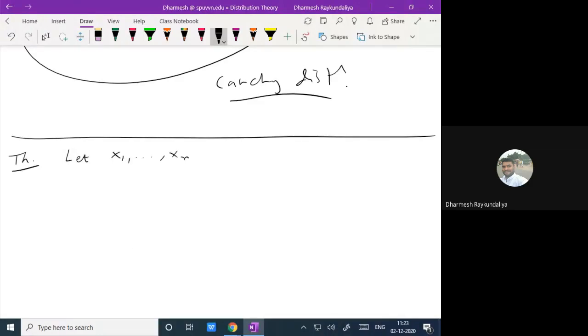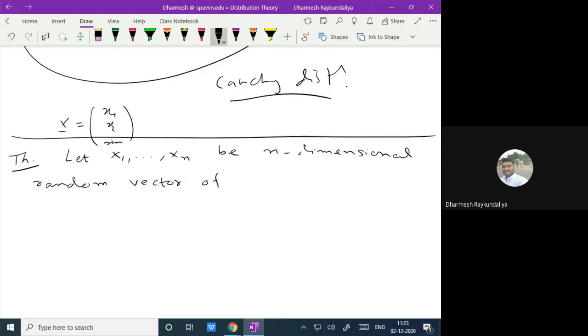Let X1, X2, Xn be an n-dimensional random vector of the continuous type with PDF f of x1, x2, xn.